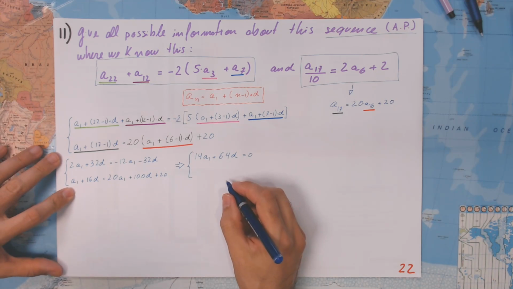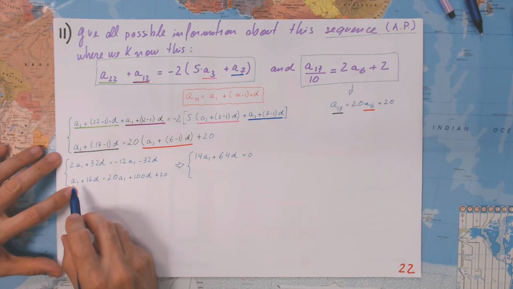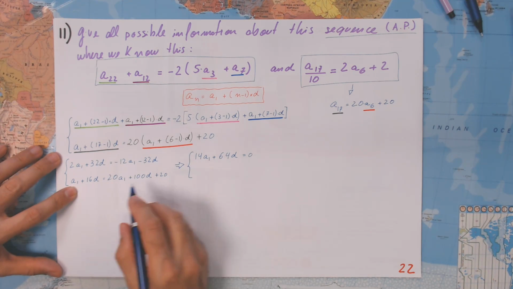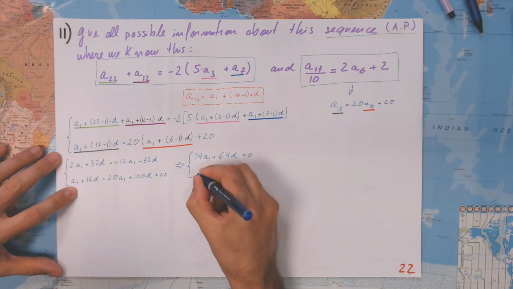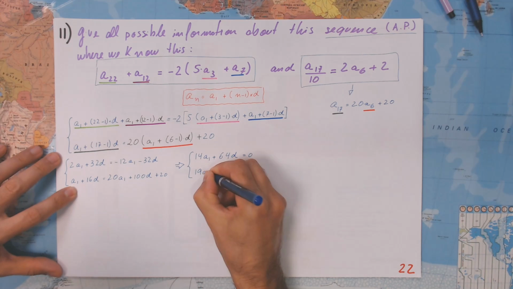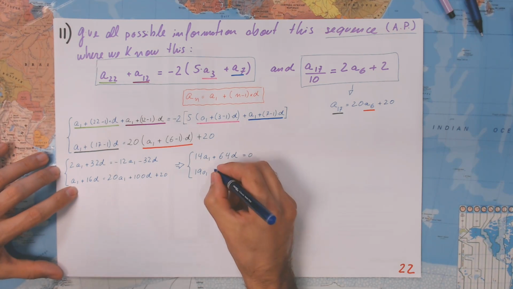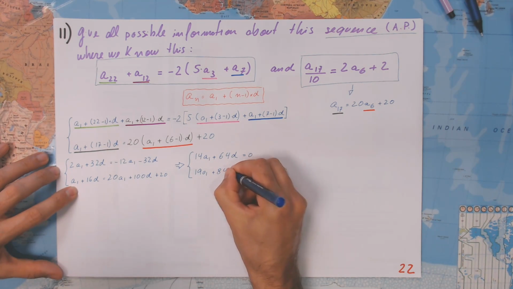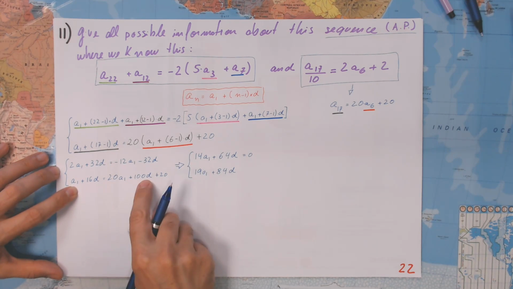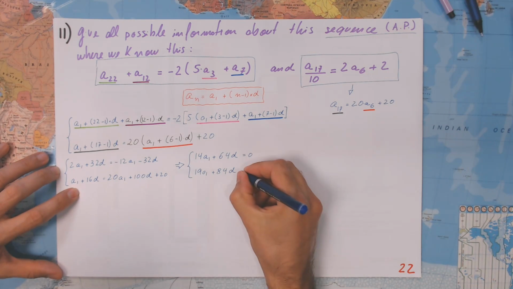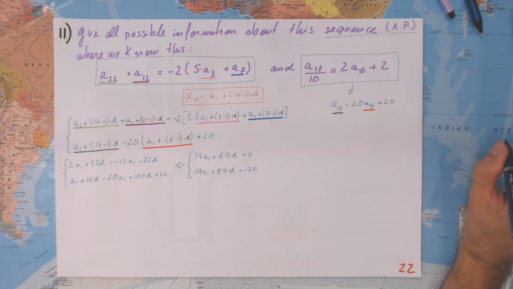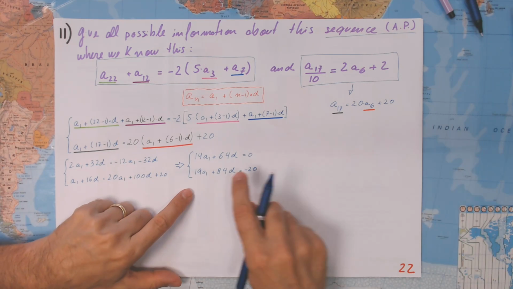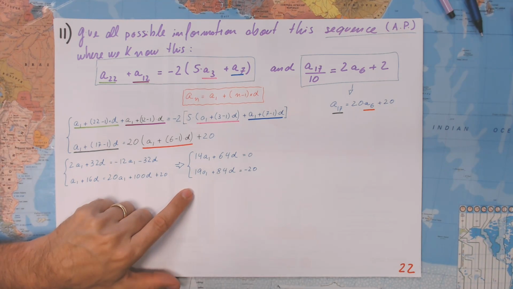And what do we have on this side? I'm going to send everything to the right. This is going to be 19A1 plus 84D, okay, equals minus 20. It's getting better. Now we can even make this one a little bit better.